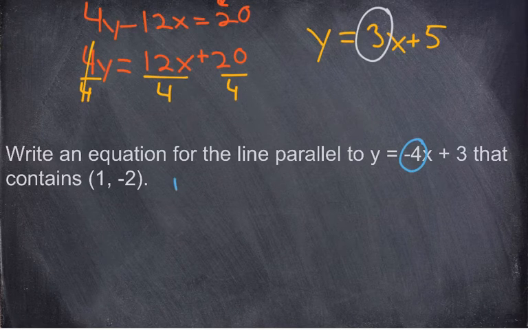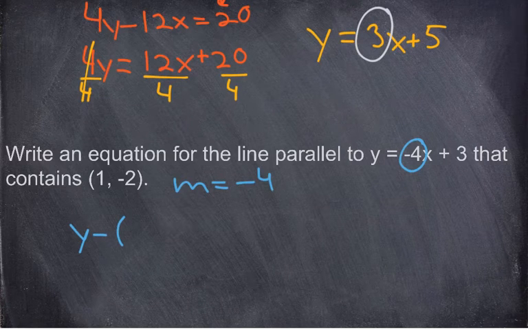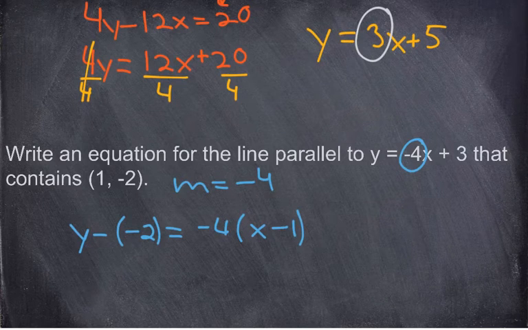So in this case, we know we're using a slope of negative 4. So now we have point and slope. So we can put it into point-slope form. y minus y1 is equal to our slope times x minus x1.